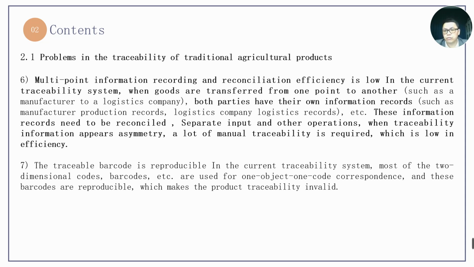When traceability information appears inconsistent, a lot of manual tracing is required, so traceability is inefficient. Problem 7. The traceable barcode is reproducible in the current traceability system. Most of the two-dimensional codes, barcodes, and so on are used for one object, one code.